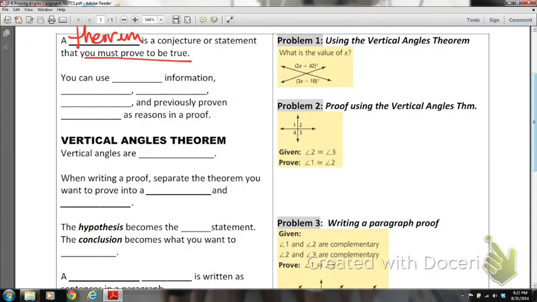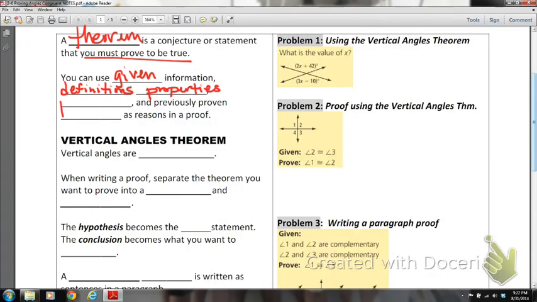So to do that, we can use information that's given to us in the problem. We can use given information. We can use definitions that we've learned. We can use properties that we've learned.